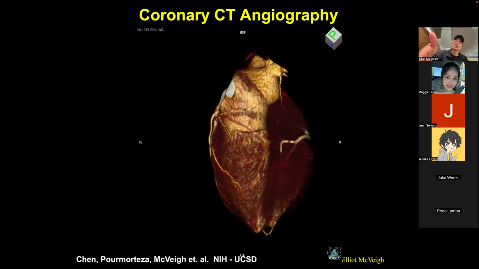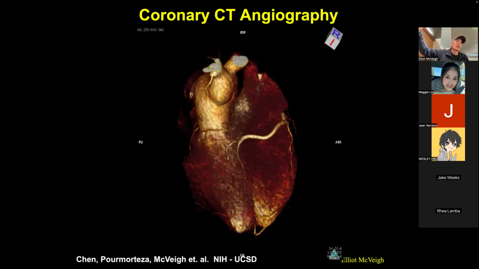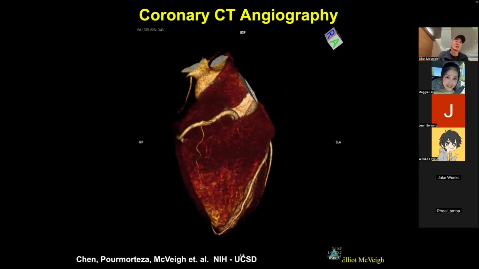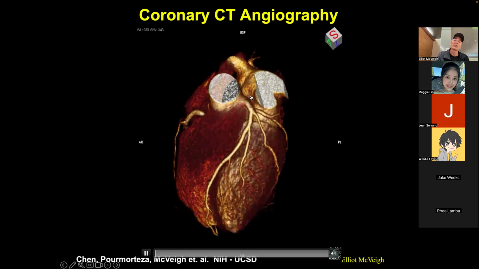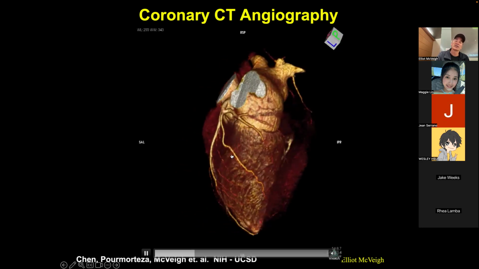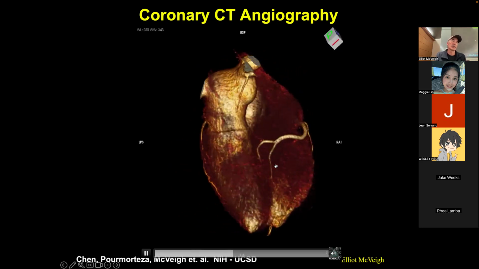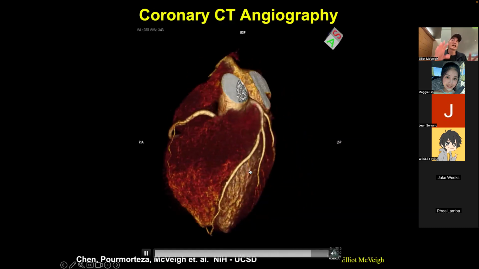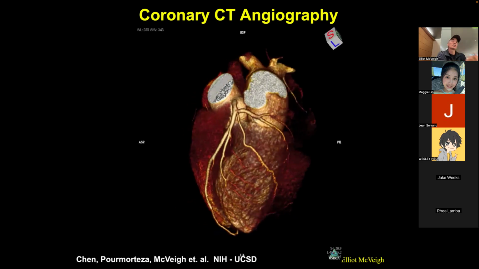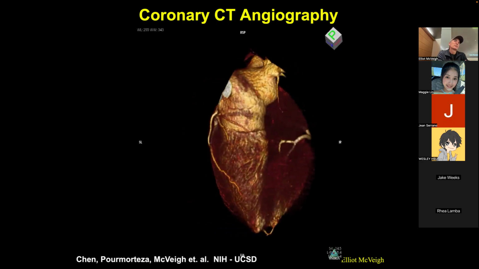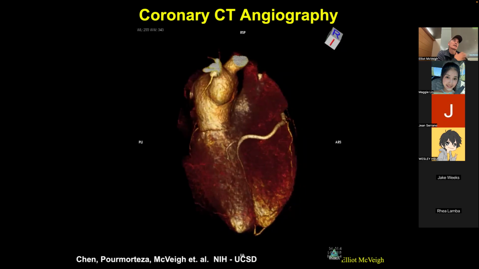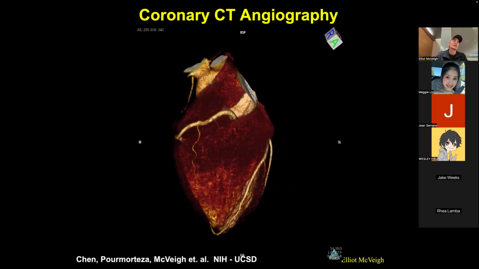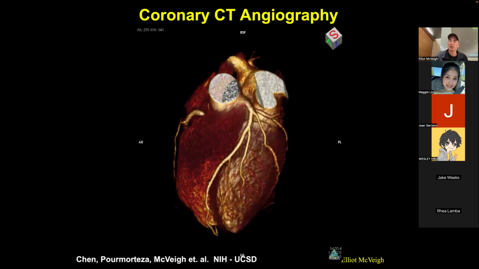So if this person was in AFib, you don't care. 150 milliseconds, you just got it in one heartbeat. But the acquisition was delayed after the injection until the contrast got down into all the coronaries. So you have to time that well. When you inject, it's usually between 12 and 25 seconds to get all of the blood down into the coronaries, depending on how your heart's going.